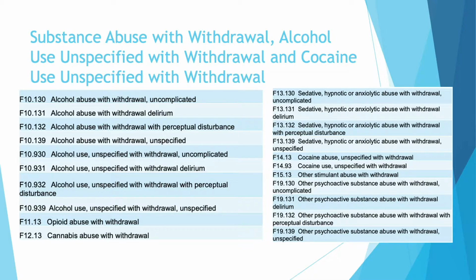Now you can see the categories that involve the different new withdrawal codes: the F10s, alcohol abuse; the F11s, opioid abuse; F12 with cannabis abuse; F13s with sedative abuse; F14s with cocaine abuse; F15 with other stimulant abuse; and the F19 categories with other psychoactive substance abuse. So all these categories here included the new types of withdrawals as far as the coding.